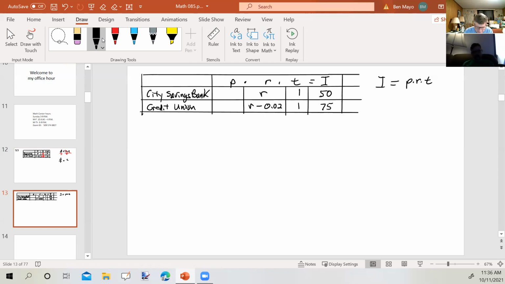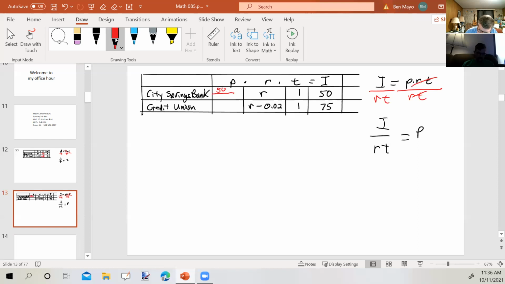Now, in this table, we're going to fill in the empty spaces below the P, or the principal. If we take this formula, I equals PRT, and we divide both sides by RT, we get P equals I over RT. So that would mean this first box under the P would be 50 divided by RT.